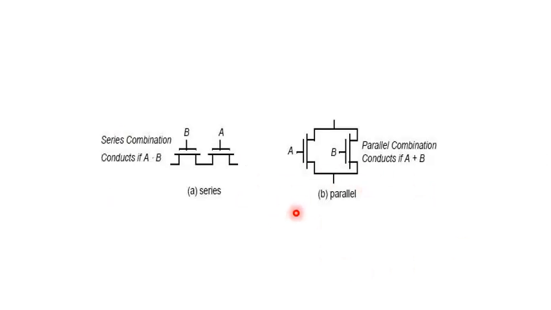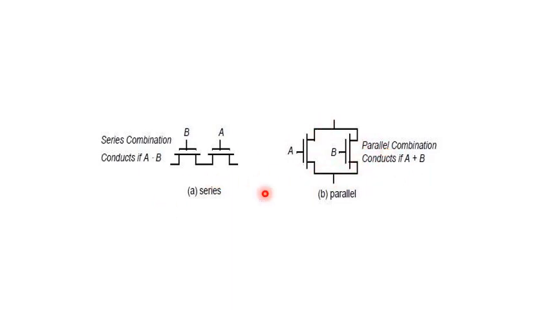Then series and parallel connections are shown here. A series connection between A dot B means we have the AND operation. Here is the parallel circuit: A plus B means the OR operation, so the NMOS transistors are connected in parallel.